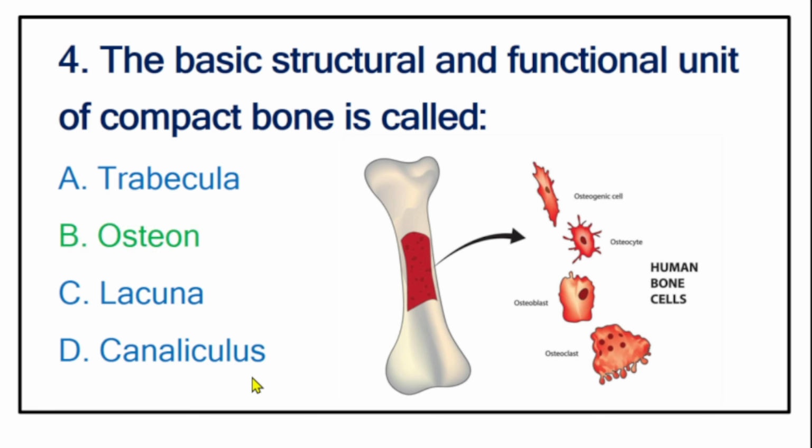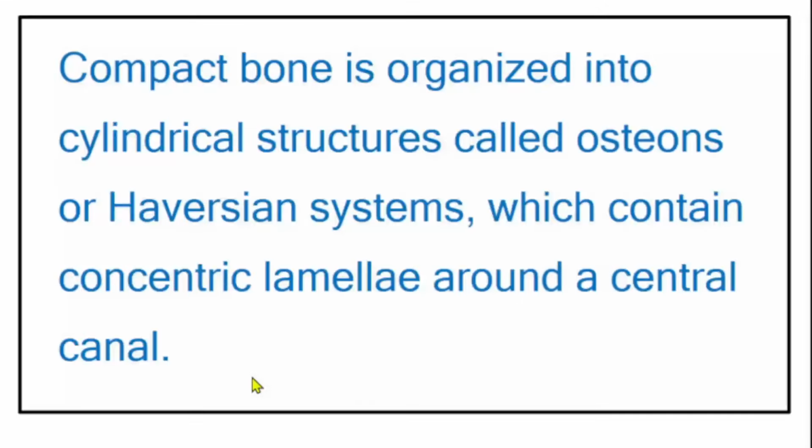The basic structural and functional unit of compact bone is osteon, or Haversian system. Compact bone is organized into cylindrical structures called osteons or Haversian systems, which contain concentric lamellae around a central canal.